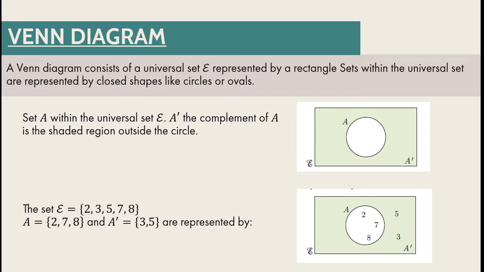You can see that 2, 7, and 8 are elements of A, so they are put inside the circle A. And A prime is the set of 3 and 5, so number 3 and number 5 are put inside the rectangle, but outside the circle A. It means that 3 and 5 are numbers under consideration in this problem, and they are not inside the set A. They are not elements of set A. Okay, so far so good. I believe that for now there's nothing complicated or confusing about the Venn diagrams.